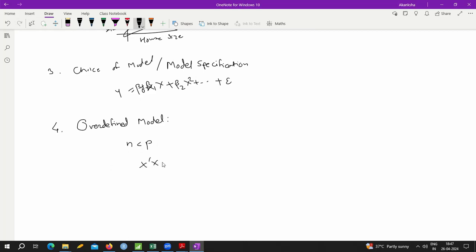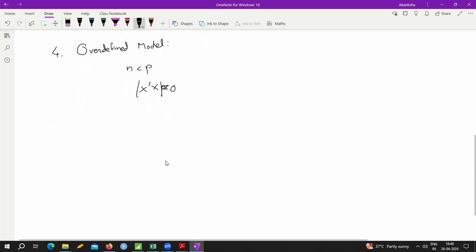So in this case, of course, there is a clear singularity and our least square estimates will not exist. So again here we will have to consider some smaller subset of the original regressors so that n becomes larger than p and we can go for actual estimation of least square estimates. So these are the four major sources of variability.